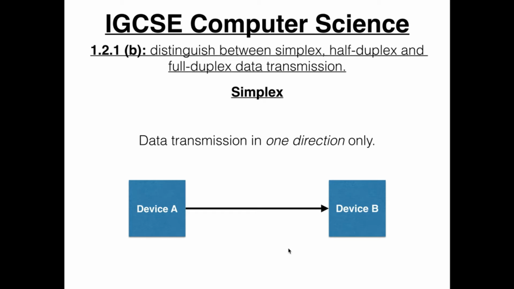Keyboards as well: when you're typing on your laptop or computer, the keyboard doesn't usually output anything, it just inputs to the computer. And doorbells, baby monitors, all those sorts of things. You can use your imagination here, because there are quite a few things that have simplex data transmission.